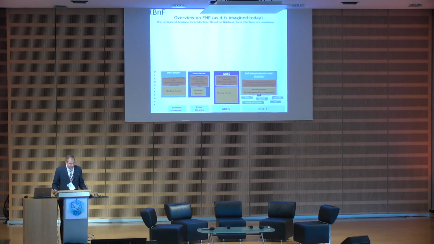So you can see here, as it is imagined today, the local producers: BNF, with a new production tool for producing data that we are developing, called Noemi, and maybe associated with a new flavor of MARC, the next generation MARC, to apply the LRM conceptual model.